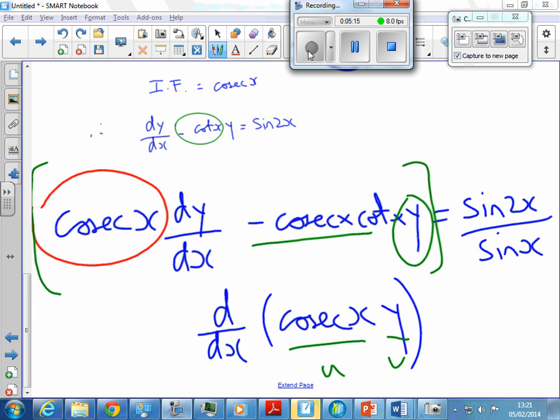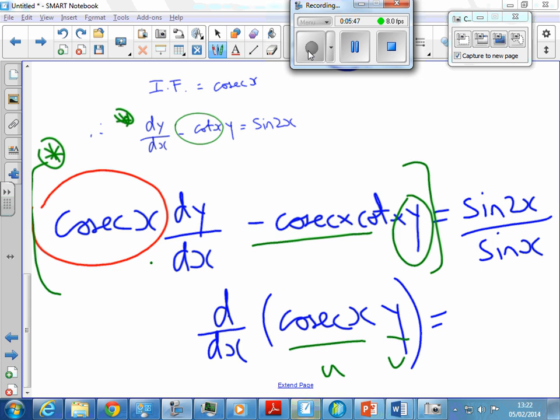It's your integrating factor times y, without thinking. But it's a good check to see that when I expand this out, when I find the derivative of this, do I actually get this? Of course you do, because that's the whole point of the integrating factor: to make this an exact derivative. What do I multiply this by to turn it into an exact derivative? And that on the right hand side.